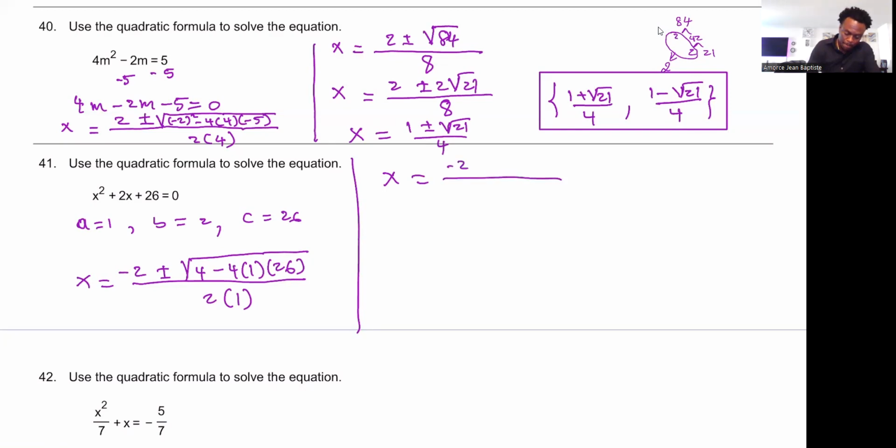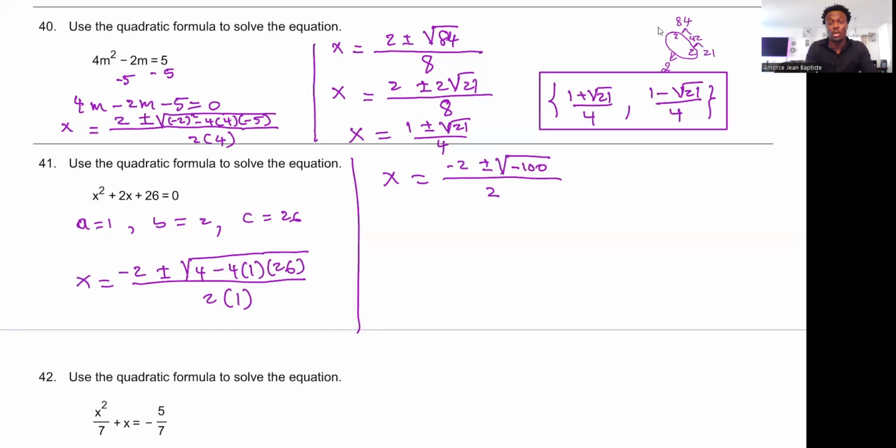Negative 2 plus or minus square root of, once we simplify, the answer is negative 100 over 2. And then we know whenever you have a negative number inside of the square root, you refer to your i property.